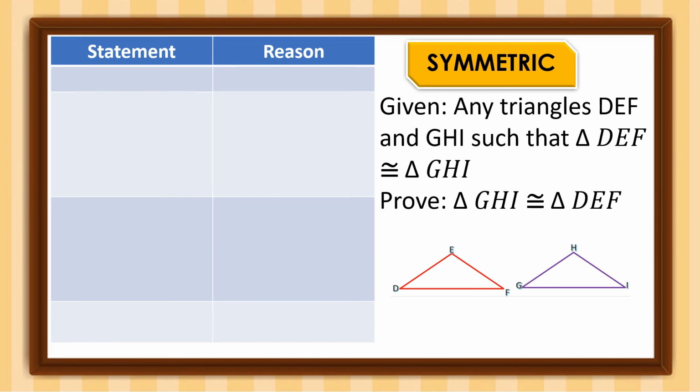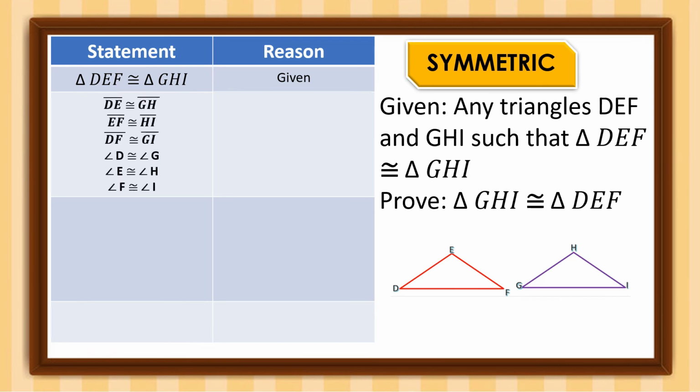So are we ready? Let us start. Triangle DEF is congruent to triangle GHI, and its reason is that it is given. Next is segment DE from the first triangle is congruent to segment GH from the second triangle, and segment EF is congruent to segment HI. Segment DF is congruent to segment GI.